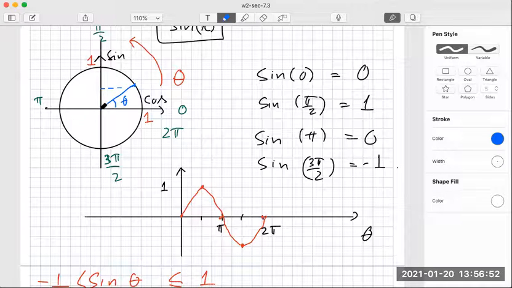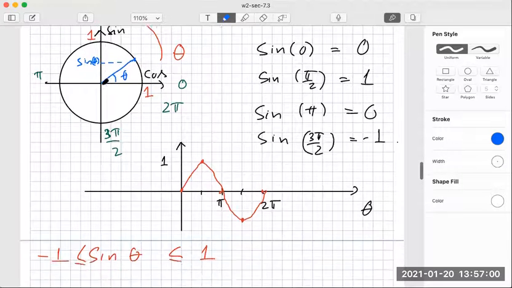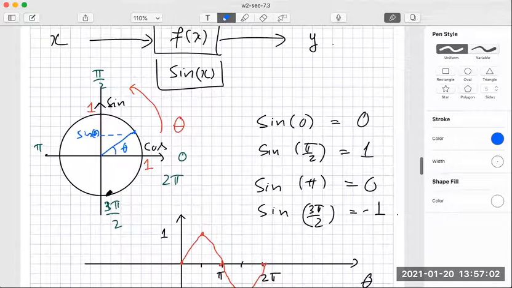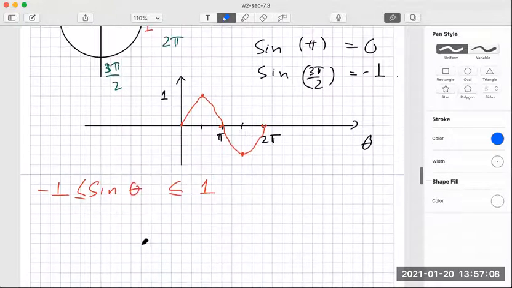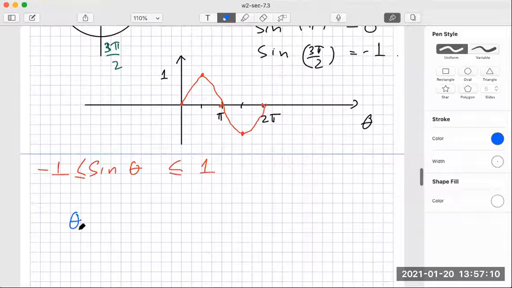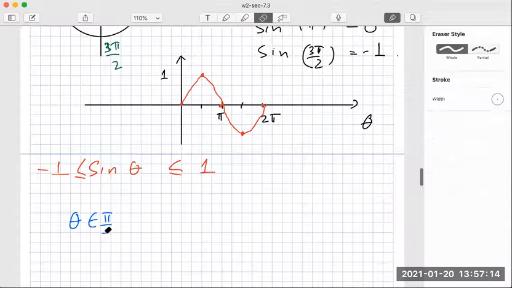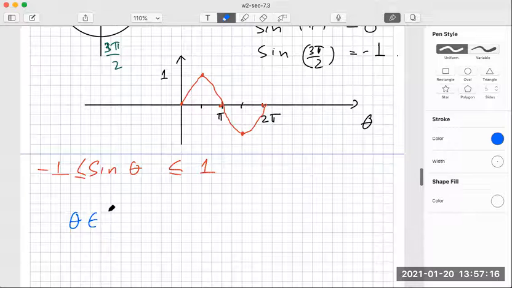It will give us the sine of theta. So for the sine function here, suppose the angle theta is from -pi/2 to pi/2.